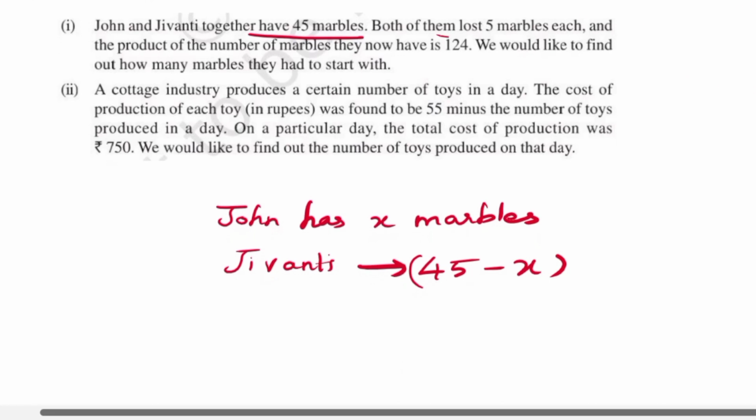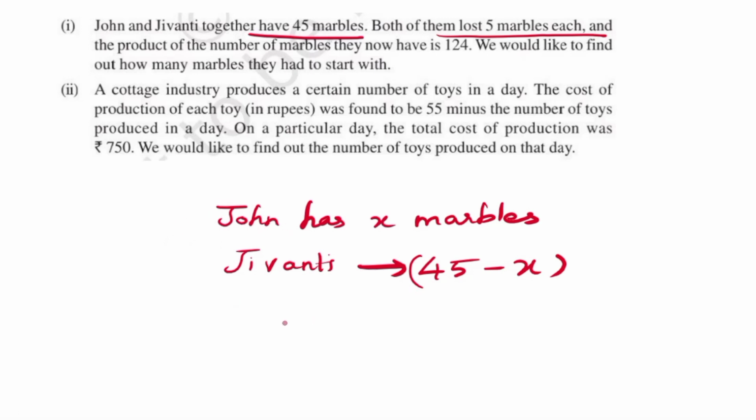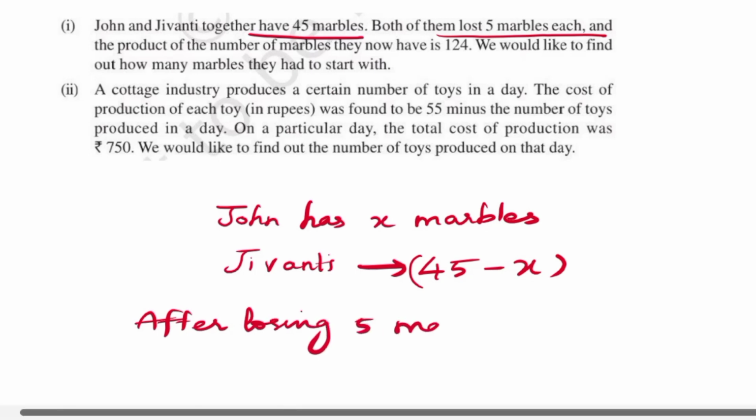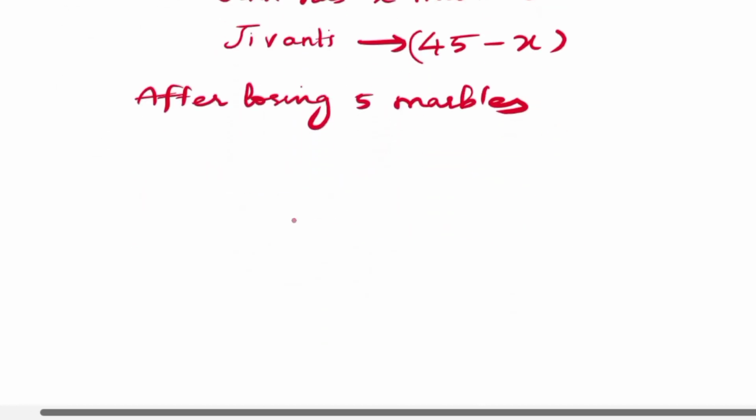Both of them lost 5 marbles each. So each person is losing 5 marbles. That is, John will lose 5 marbles and Jivanti will also lose 5 marbles. After losing 5 marbles, how many marbles will they have? John will have X minus 5 marbles.